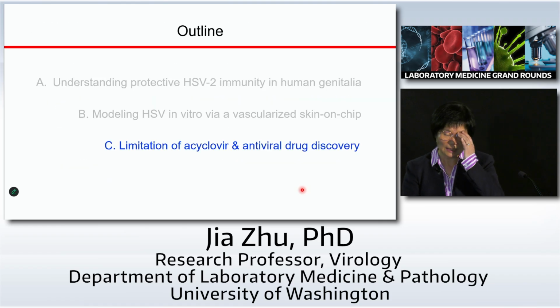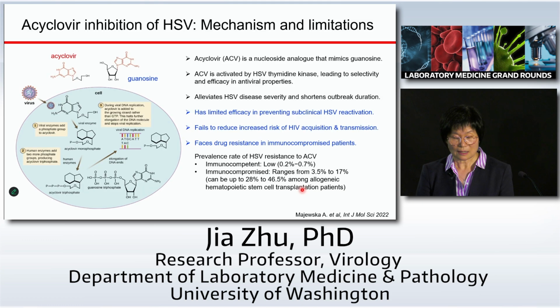So lastly, I'll present our recent collaboration with NCATS, with the Mark Ferris group, to use the 3D bioprinted human skin equivalents for antiviral drug discovery. Acyclovir is a nucleoside analog of guanosine. Acyclovir needs herpes thymidine kinase to first phosphorylate it into a monophosphate.